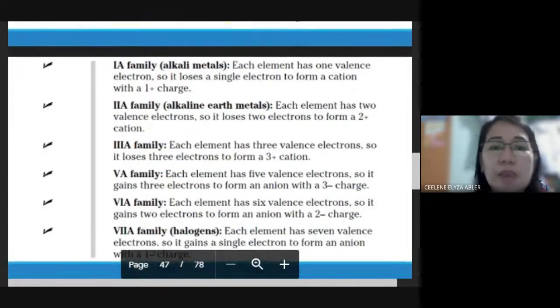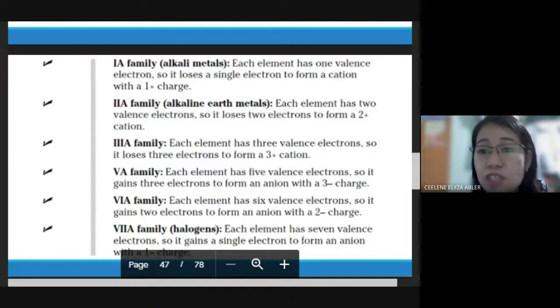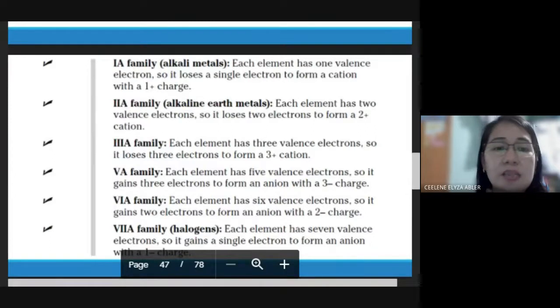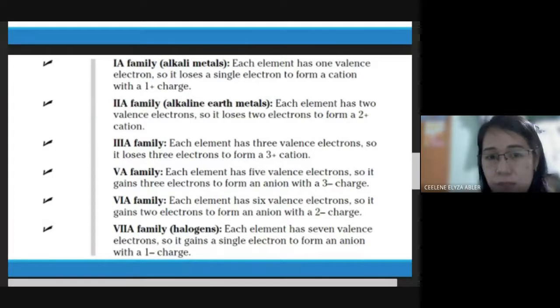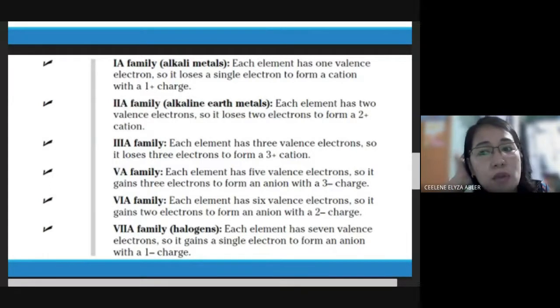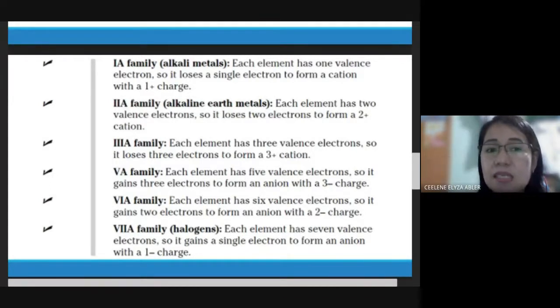Alright? So, meron tayo yung behavior for each family. Kaya nga sinabi ko sa inyo na very important yung old notation. We have the 1A, 2A, 3A family. So, sila yung most likely that will form as cations. We have the 5A, 6A, and 7A family.